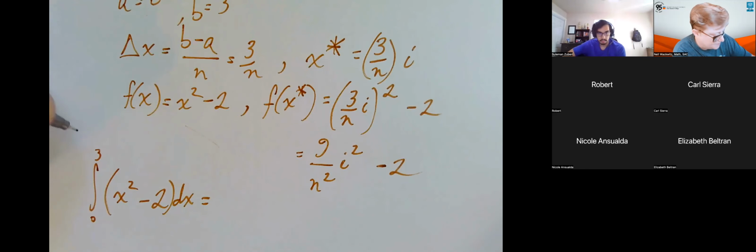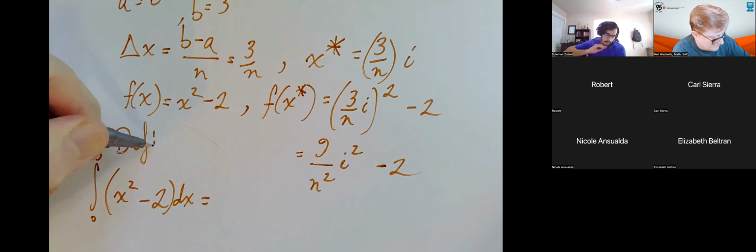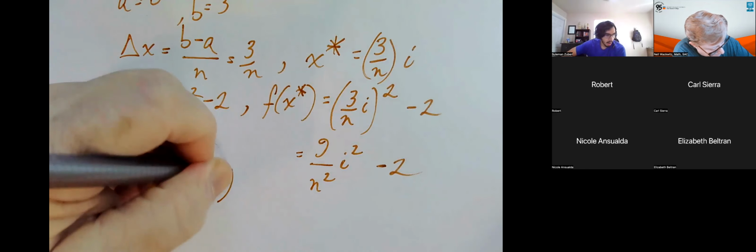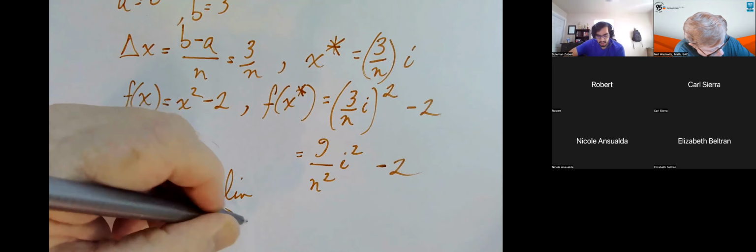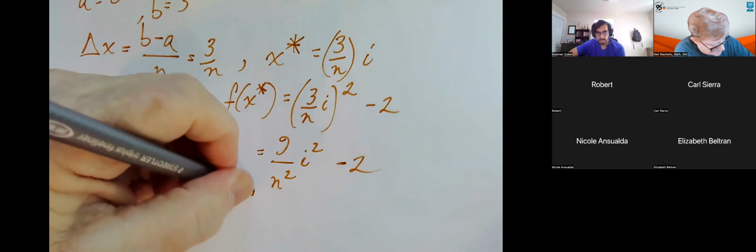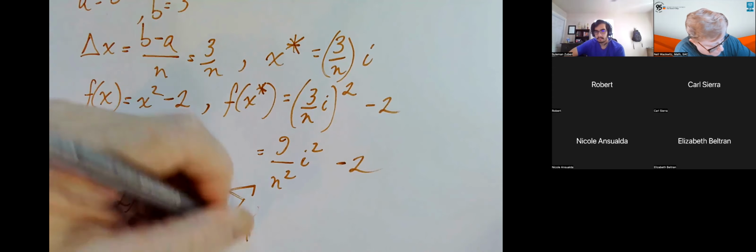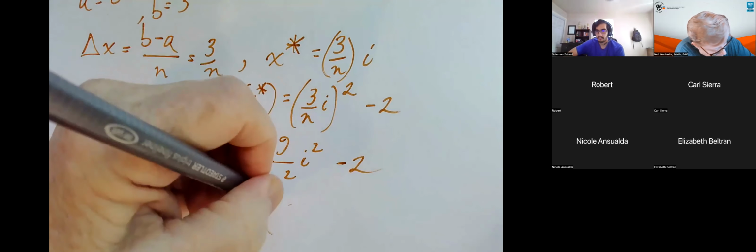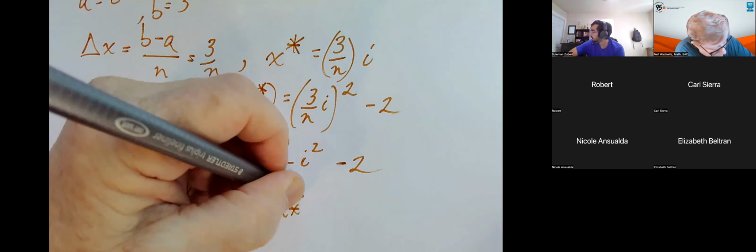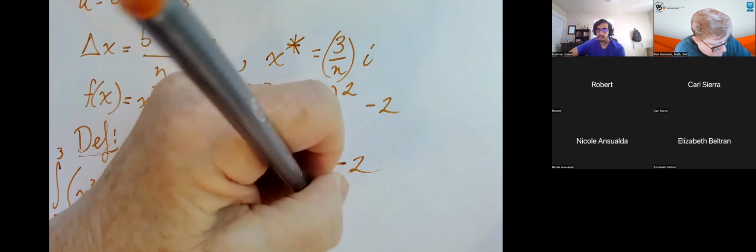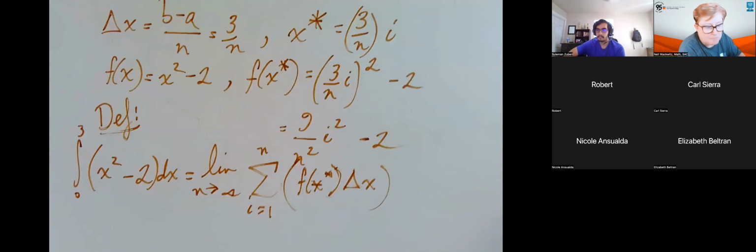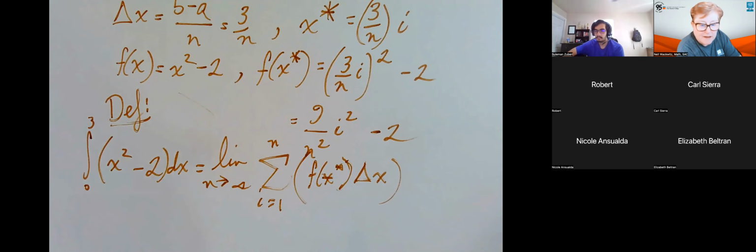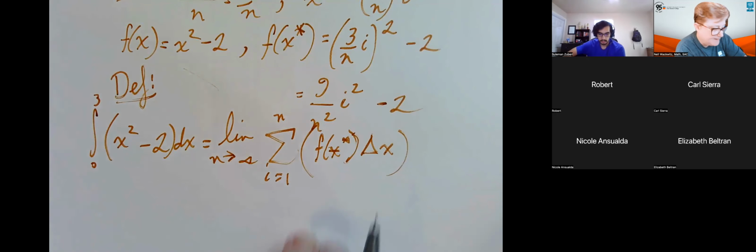This is the definition: the limit as n goes to infinity of the sum as I goes from 1 to n of f of x star times delta x, where f of x star is going to be 9 over n squared times I squared minus 2, and delta x is going to be 3 over n.